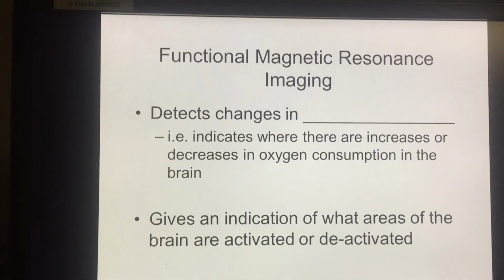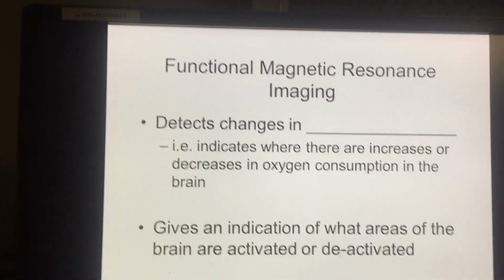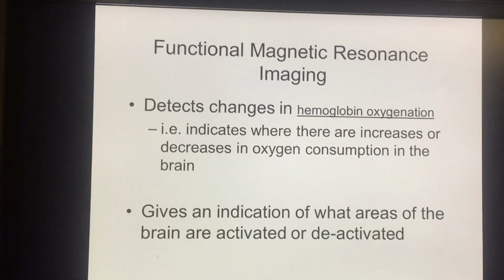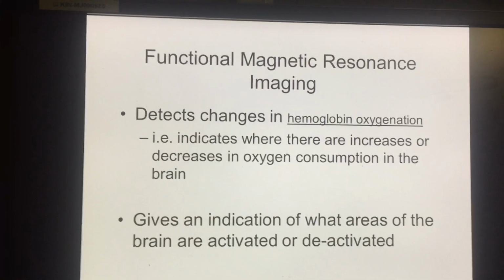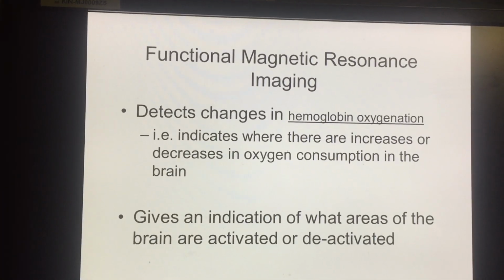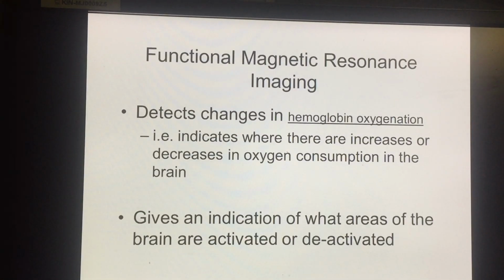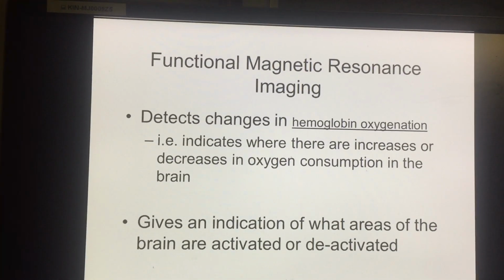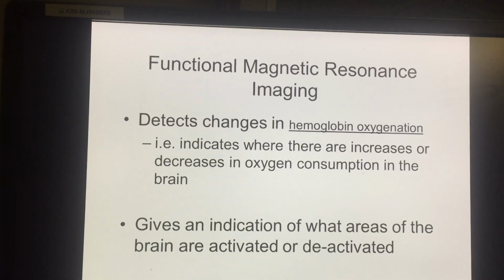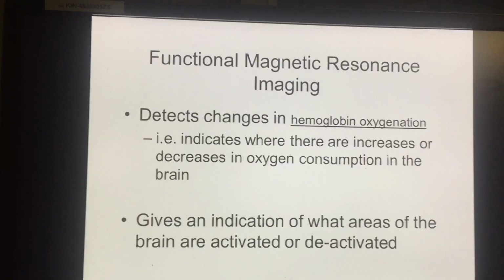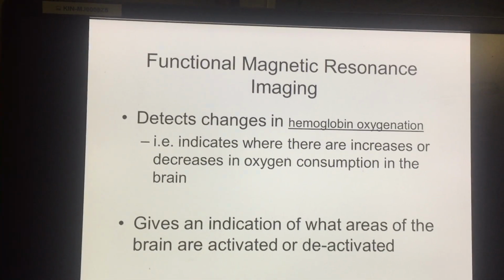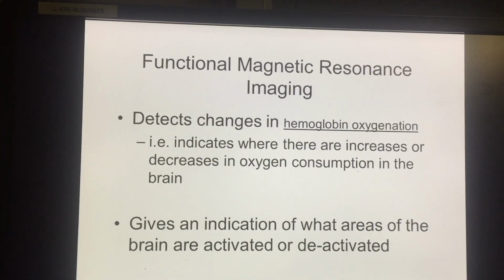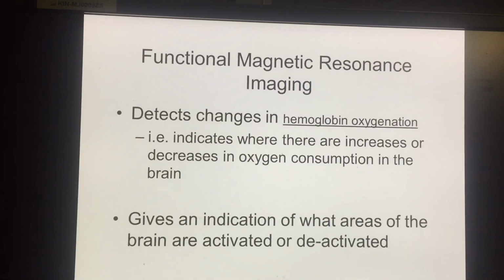So this is how it works. The functional magnetic resonance imaging detects changes in, the blank here is hemoglobin oxygenation in the brain. So hemoglobin is a protein that carries oxygen. Sometimes it carries it to your muscles. In this case, it's carrying the oxygen to your brain tissues. And so this imaging technique measures changes in the hemoglobin oxygenation and deoxygenation.